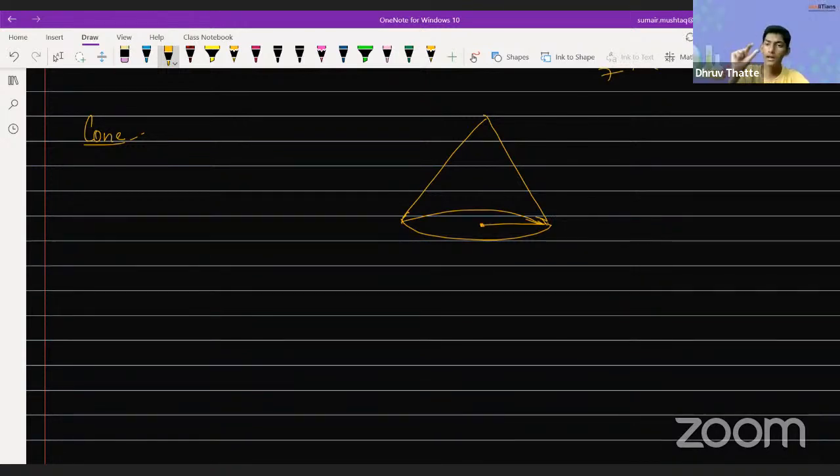Sir, by rolling a right triangle. There was a line along an axis, and when it is moved around it, that line is called a generator. Yes, sir.